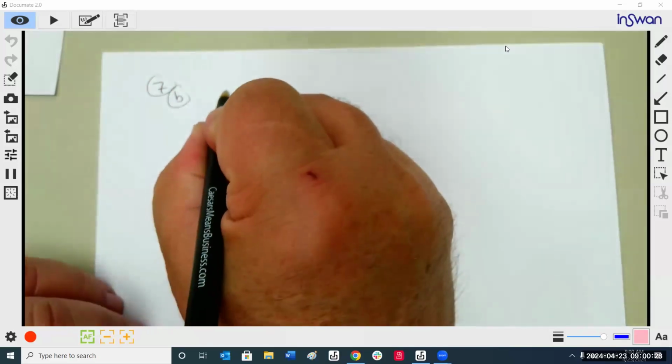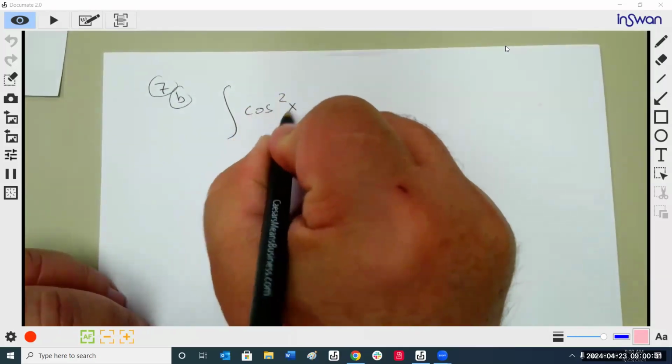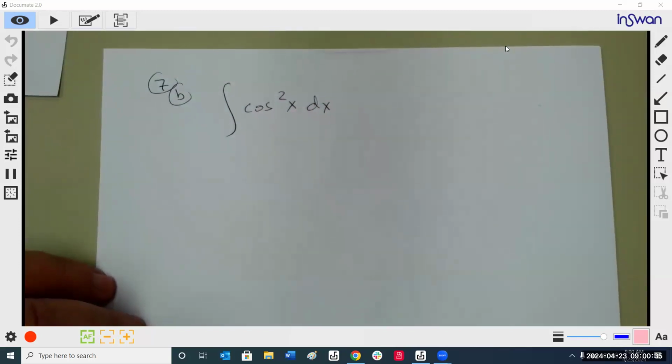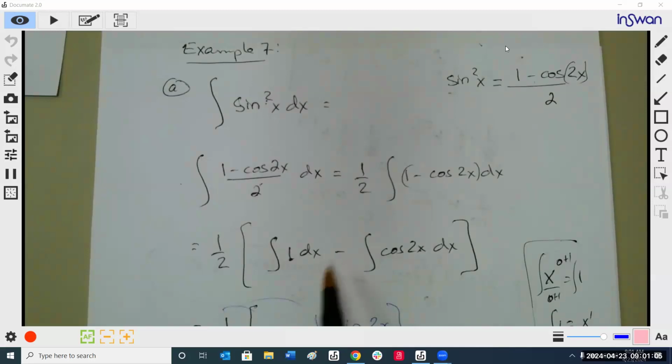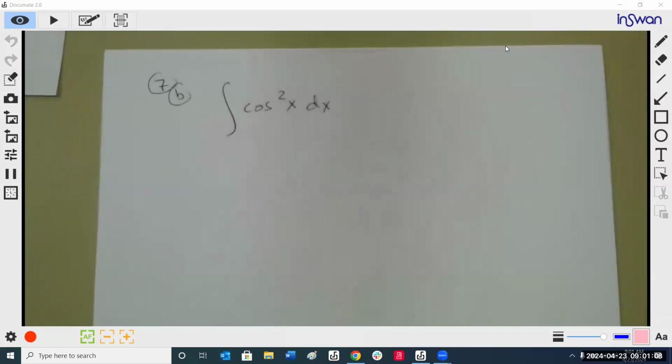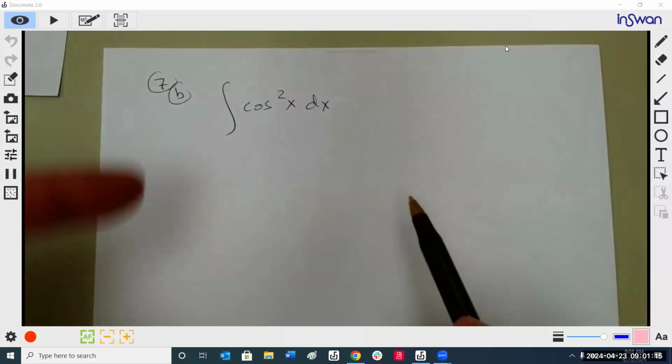This is 7B. Integral of cosine squared x dx. Now, this one's pretty easy, actually.